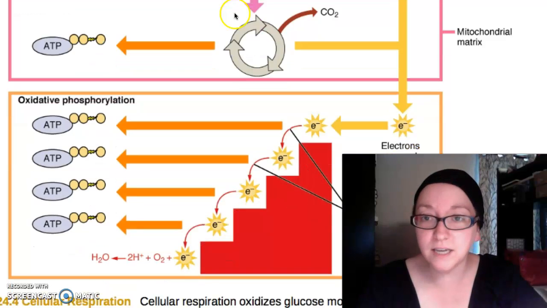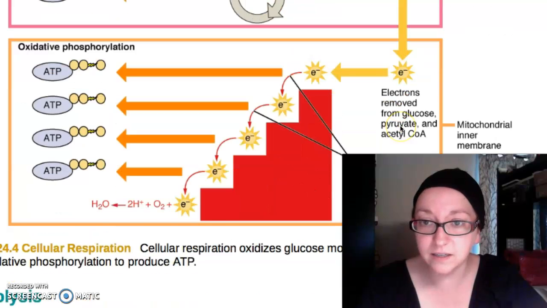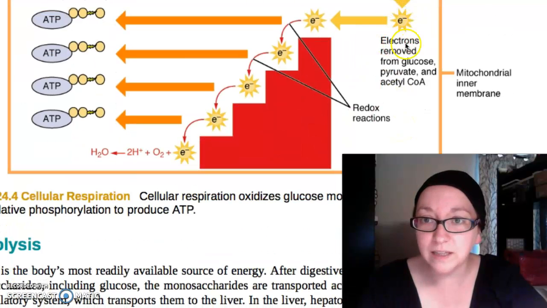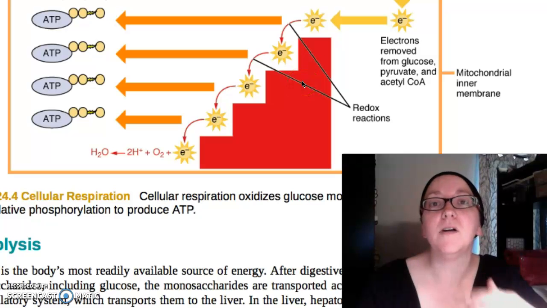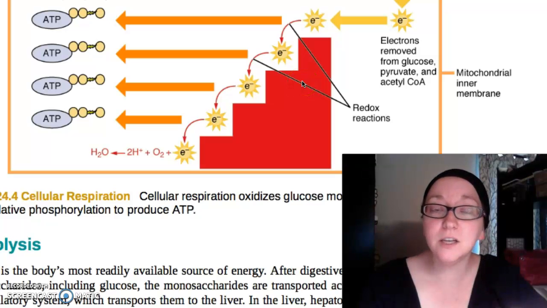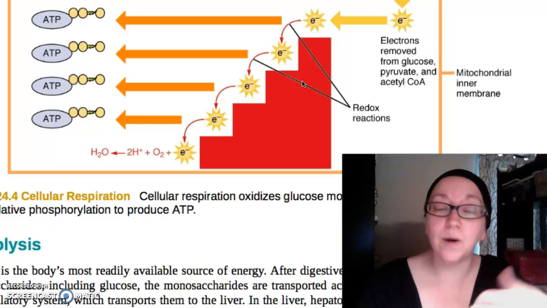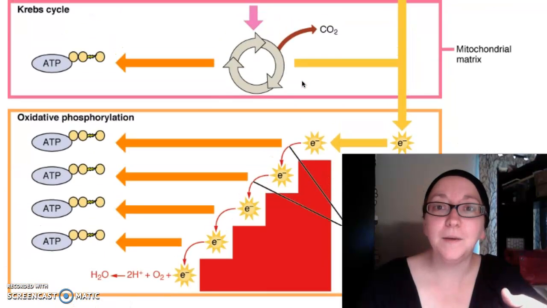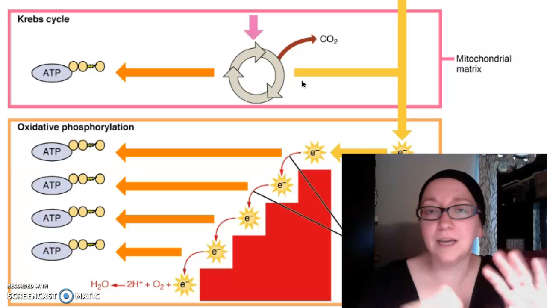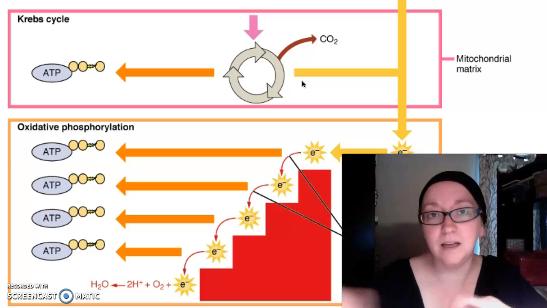But if you look down here, follow this yellow line. It's showing electrons. And so we make something called electron carriers. Now for cellular respiration, those electron carriers are NADH, probably the most common one, or FADH2. Those have really long chemical names that we're not going to worry about, nicotinamide, blah, blah, blah.